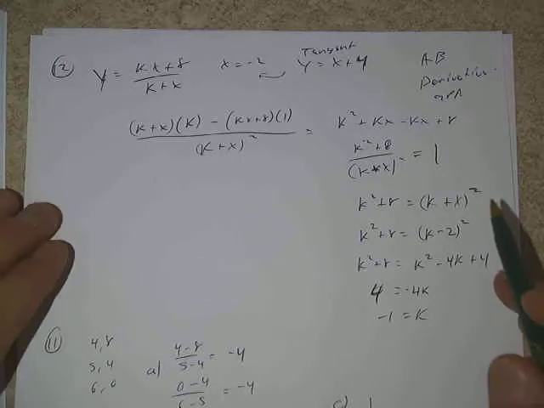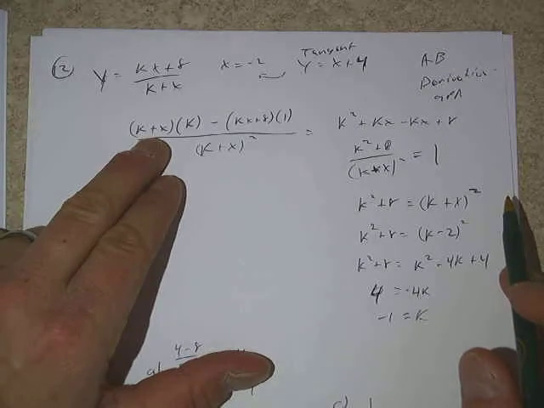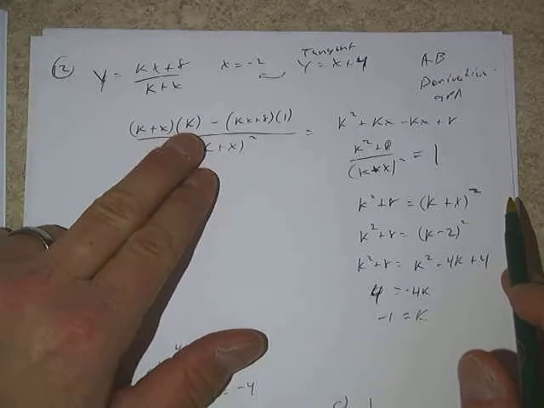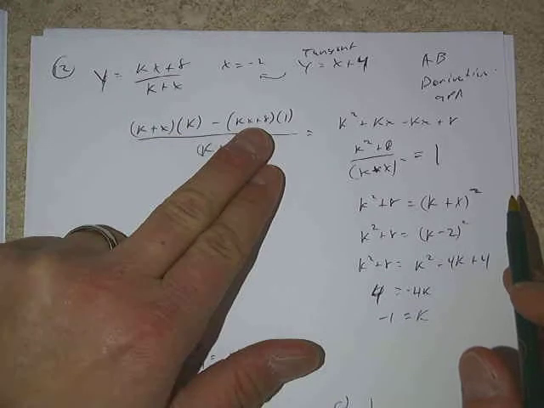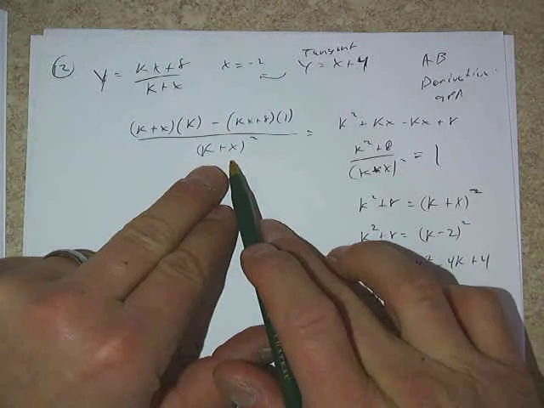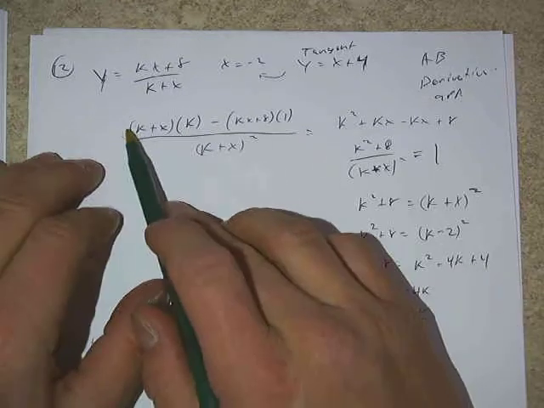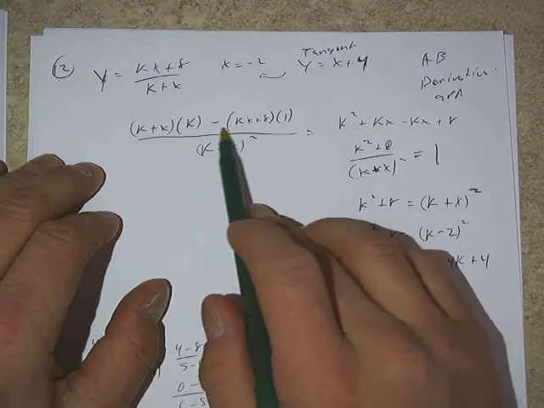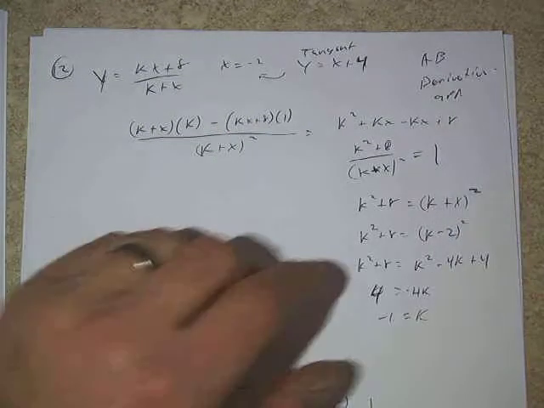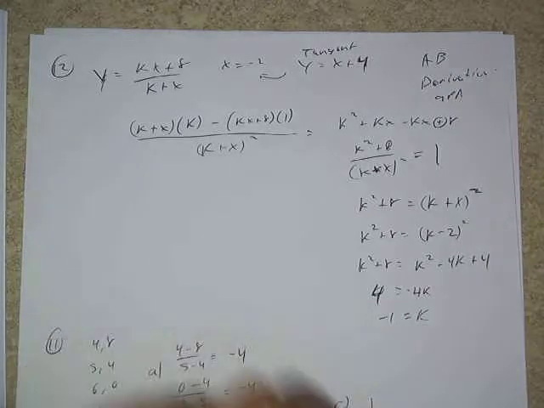I'll fix it. So I got k plus x on the bottom, the derivative of the top is k, the top, the derivative of the bottom is 1, k plus x all squared. So on the top we have k squared, kx, minus kx, I see it, there it is right there. Good call.